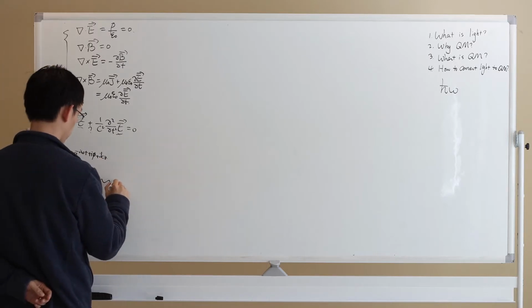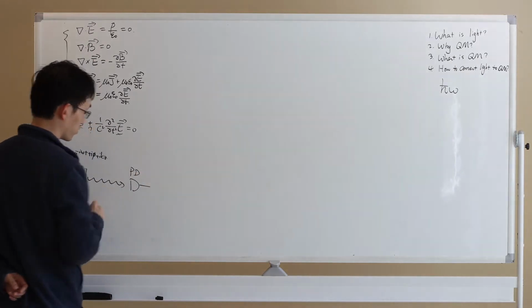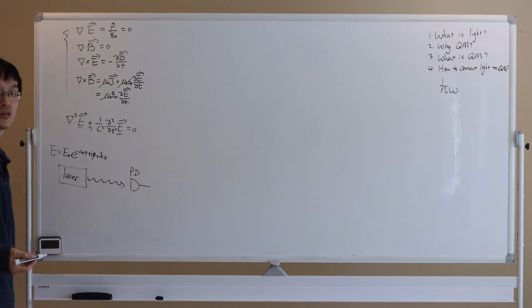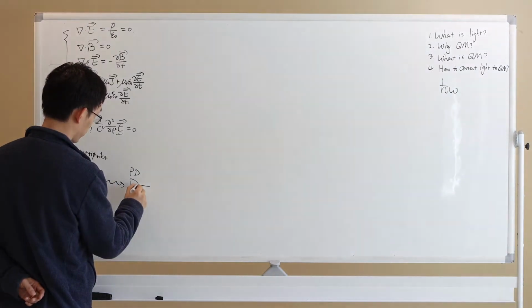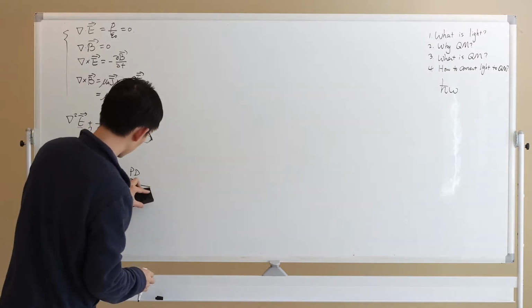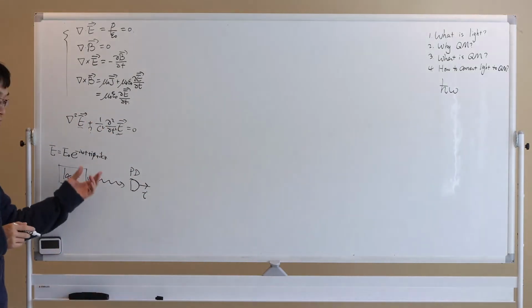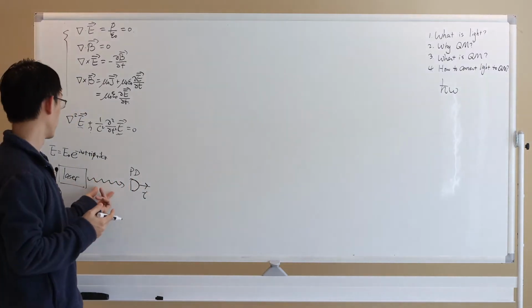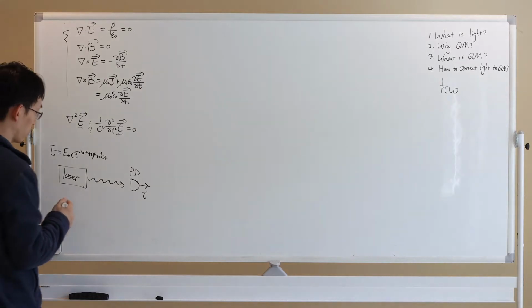Then you propagate this wave and send it to a detector, and the detector will tell you the photocurrent, how many photons you have in here. You can think of it as counting the energy within this laser beam.